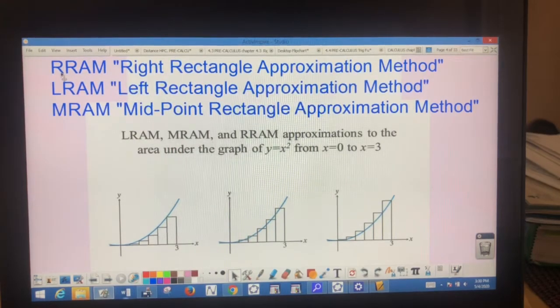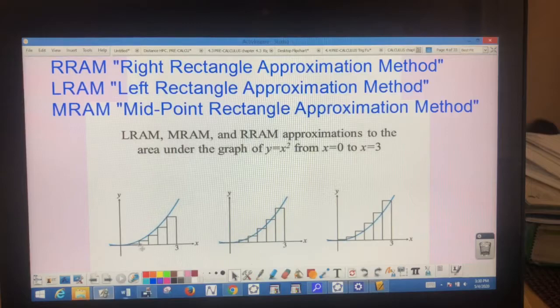The first thing you have to know about all these rectangles is whether it is the right rectangle approximation method, left rectangle approximation method, or the midpoint. So here are the differences. The left one means the left side of your rectangle is touching the curve. This is just an easy sample from y equals x squared.